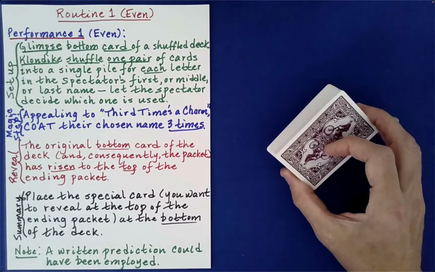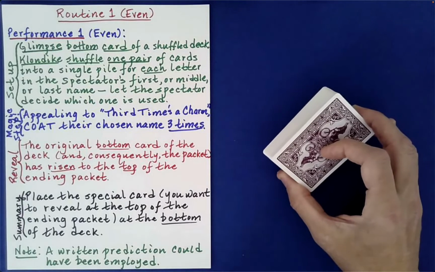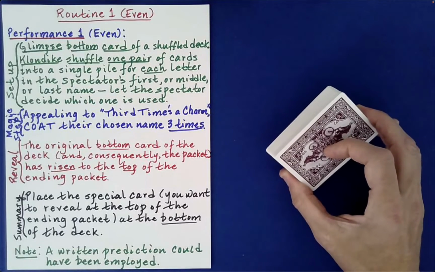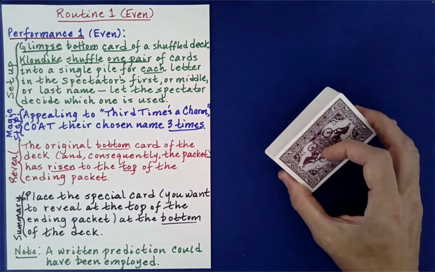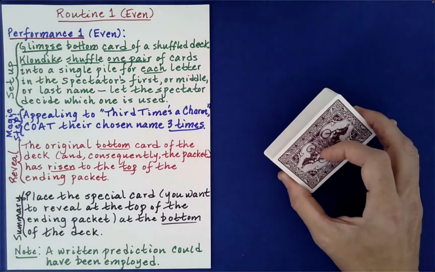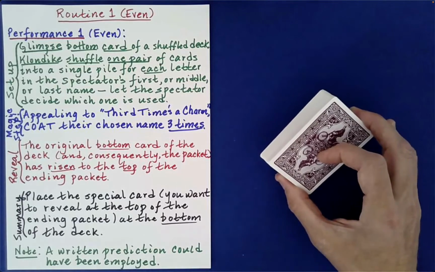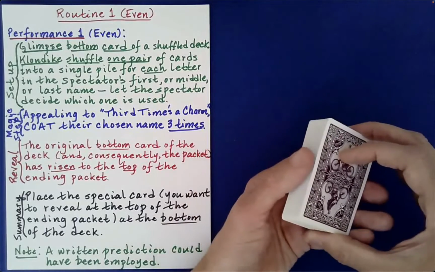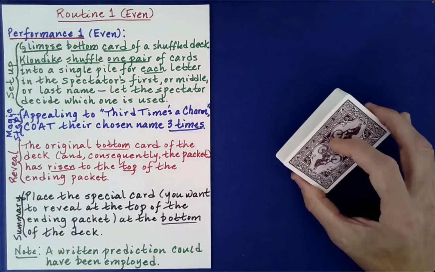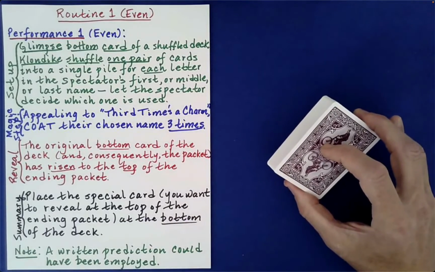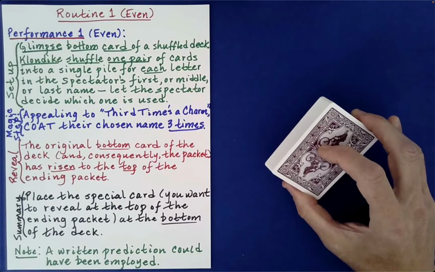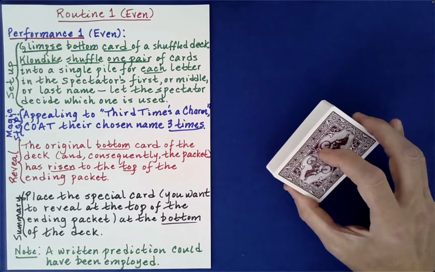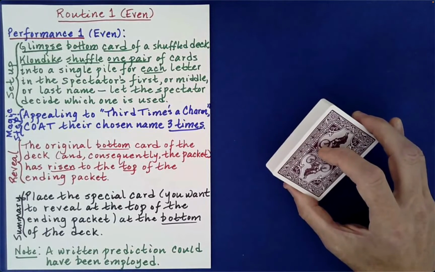Well, my first name is Kent, middle name is Alan, last name is Bessie. So it could be that if I were the spectator, I might say, use my middle name. Oh, okay. We'll use your middle name. So I'm going to deal pairs to the table, and the number of pairs will correspond to the number of letters in my middle name, which is A-L-L-E-N.